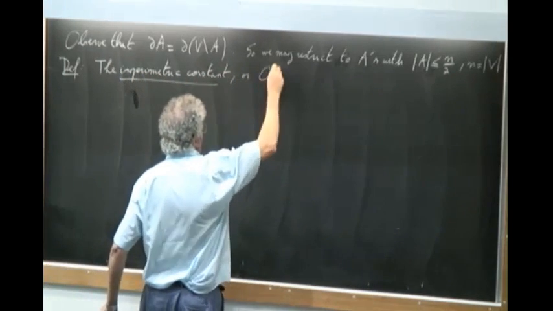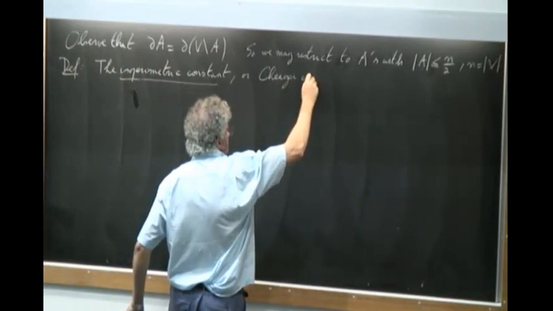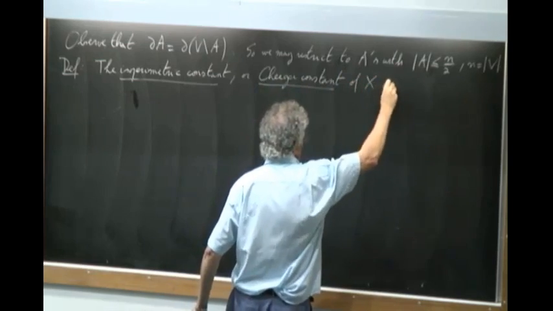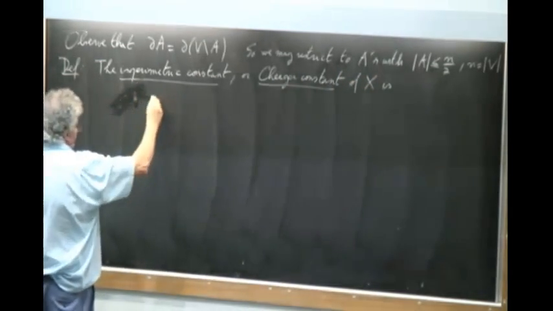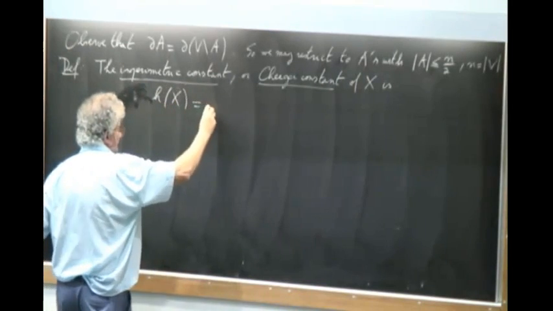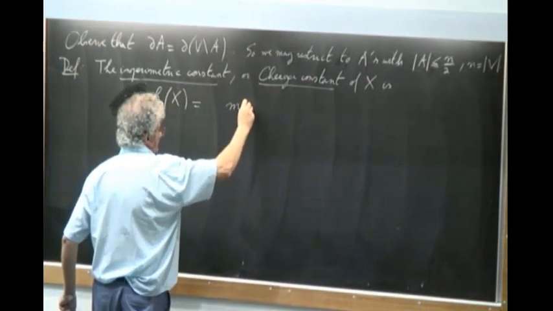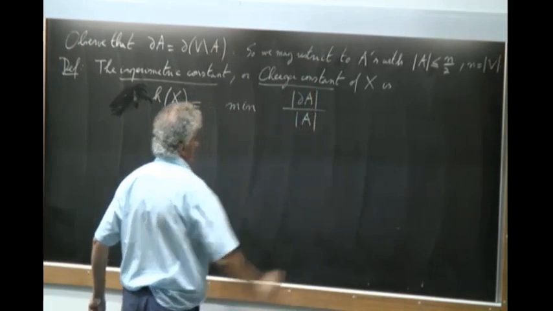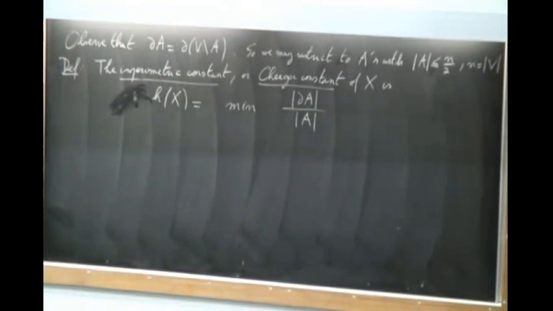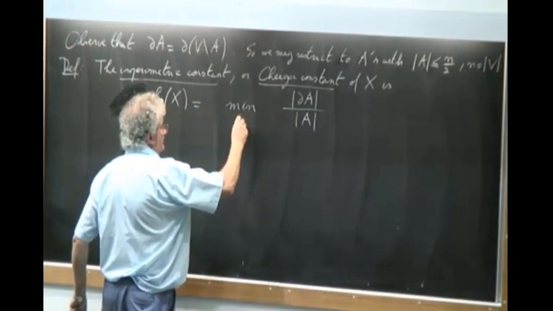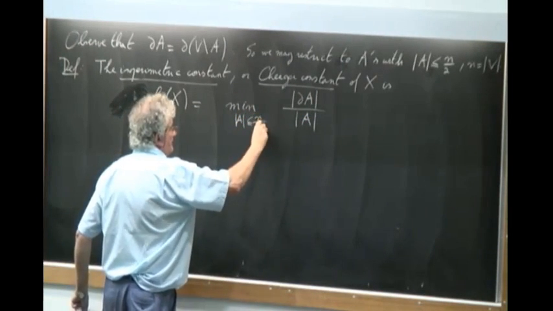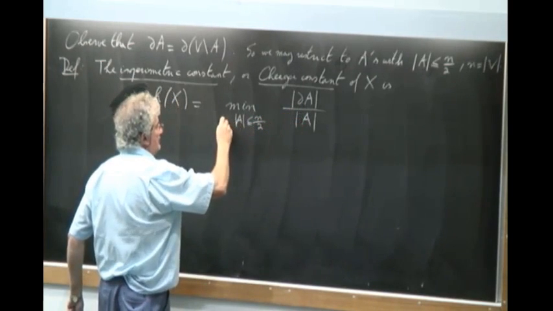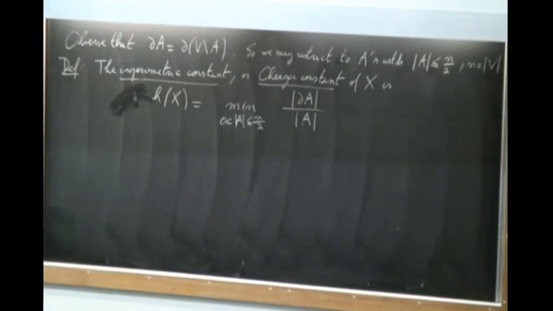And some people call it the Cheeger constant of X. So this is h of X. That will be the minimum of the ratio between the boundary of A and A, taken over subsets A which are at most half of the total number, and to avoid zero over zero, you also require that A is non-empty.